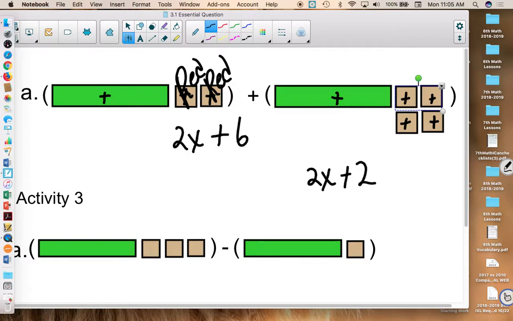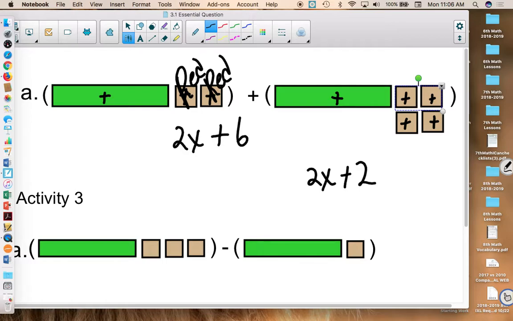And see what that does is it allows me to put together that 0 pair. So I've got a 0 pair here. I got a 0 pair here. They're gone. I've got 2 left behind. 2x plus 2. Good.